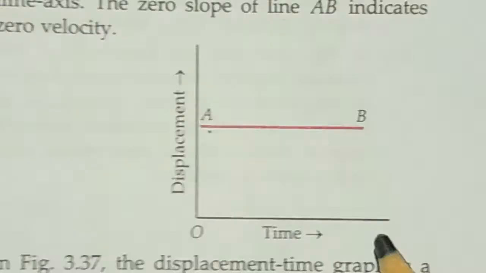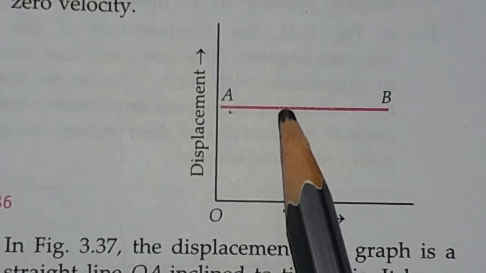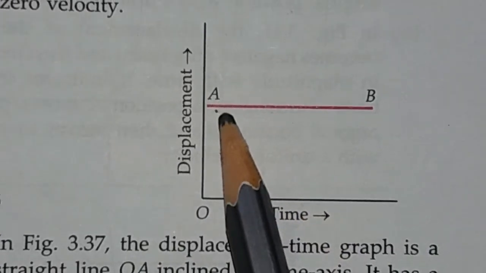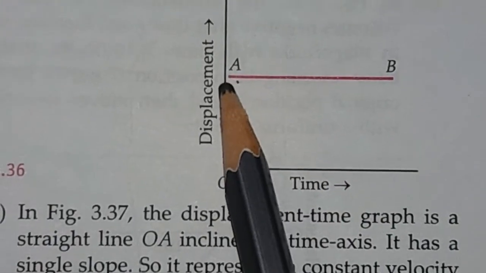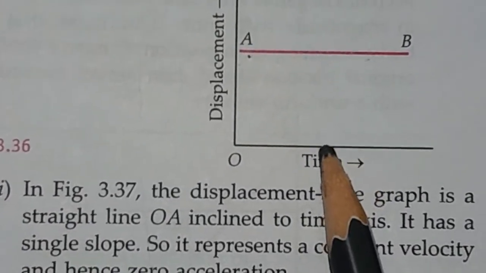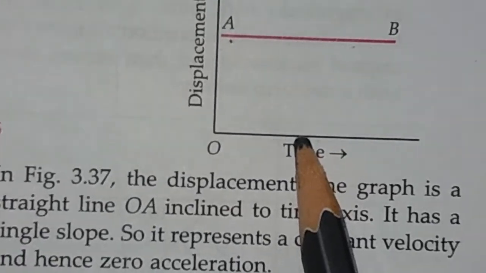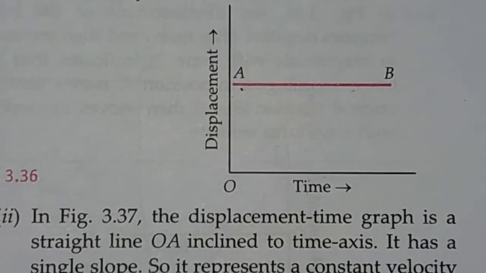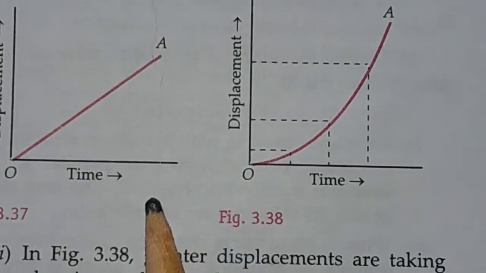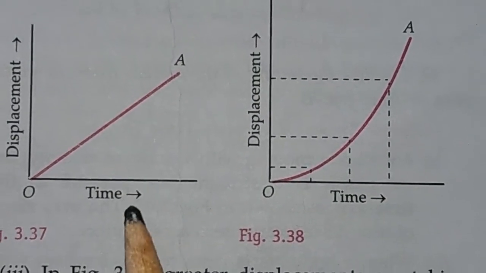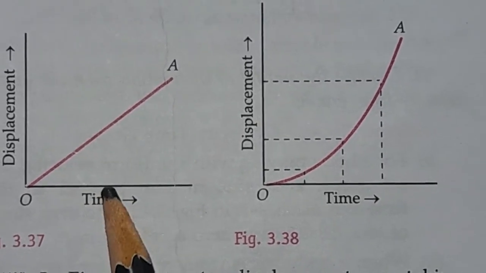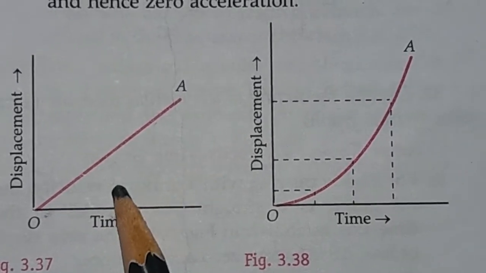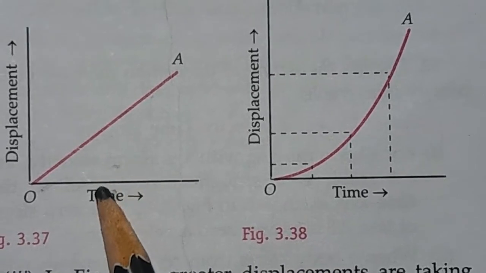This is the displacement time graph. The graph is parallel to the x axis or time axis, which means the slope is 0 and the body has 0 velocity. This is the displacement time graph, a straight line inclined to the time axis. This is a constant velocity.